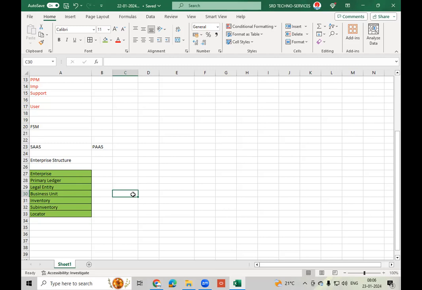So next, what? The next level is inventory. Inventory is where you maintain stock, physical stock, stock transfers, and stock movements. You perform that at inventory level. Then what is the sub-inventory? Within the inventory organization, within the inventory setup or facility, you can define different sub-inventories, multiple sub-inventories.